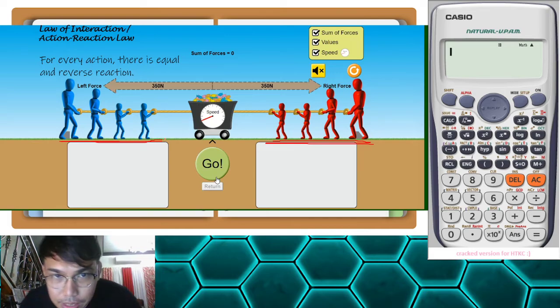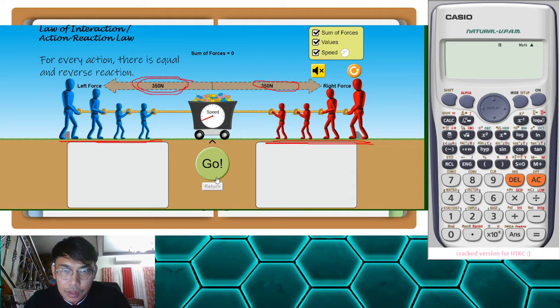Those four people are applying the exact same forces. For the left force, we have 350 newtons and on the right force, we also have 350 newtons. So both teams are applying the exact amount of force.